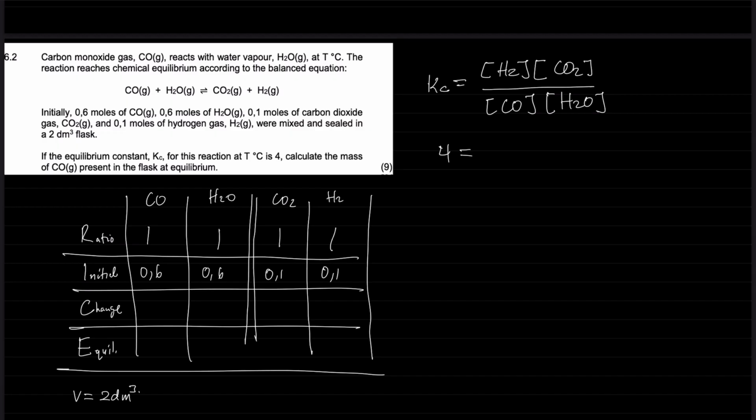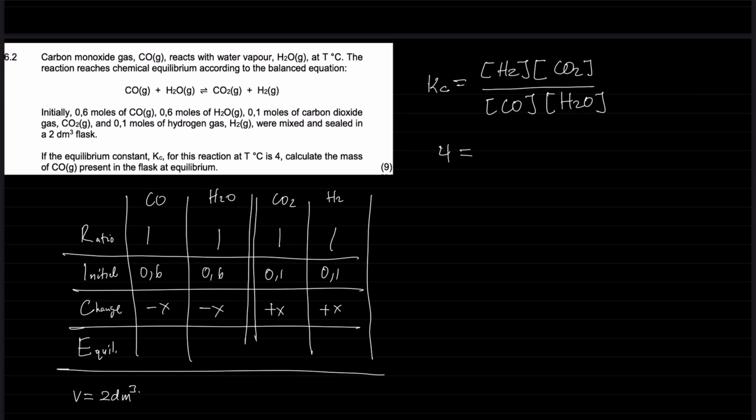They haven't told us what it changes by, but we can always use X. Since CO and H2O are reactants, they're going to be used up, so their change is going to be minus X. Since the ratio is all 1 to 1 to 1 to 1, H2O is also going to decrease by minus X. CO2 and H2 are products, so products will increase as the reaction progresses. CO2 will increase by plus X, and H2 will increase by plus X.